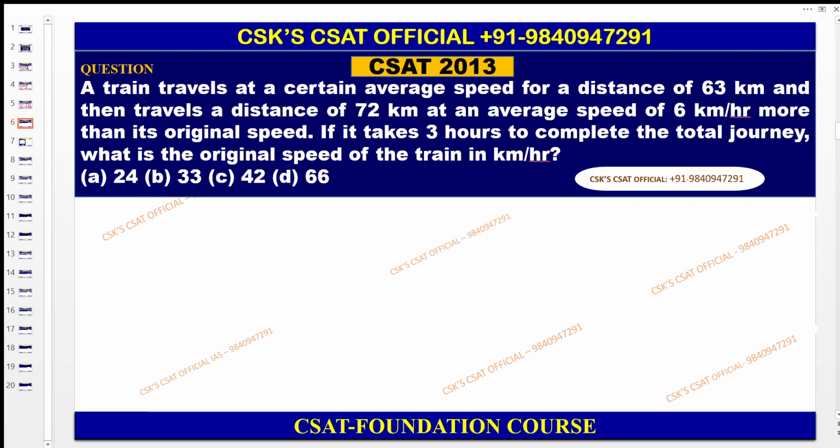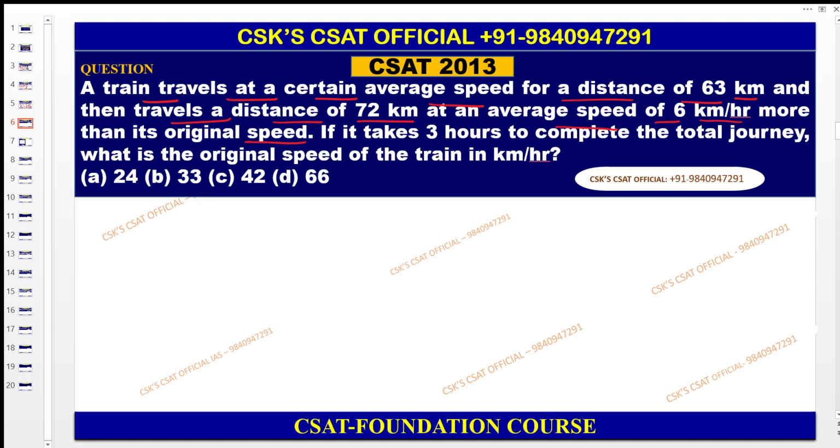Here, the train travels at a certain average speed for a distance of 63 km. Then it travels a distance of 72 km at an average speed of 6 km per hour more than the original speed.